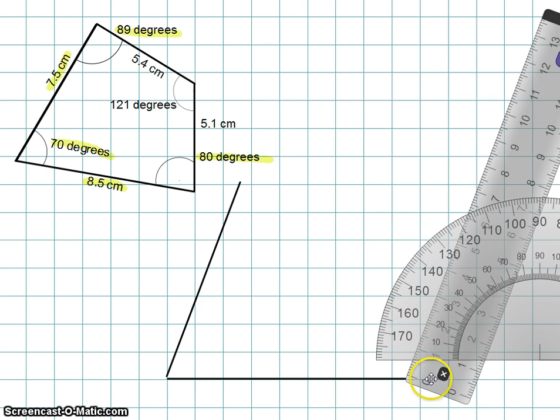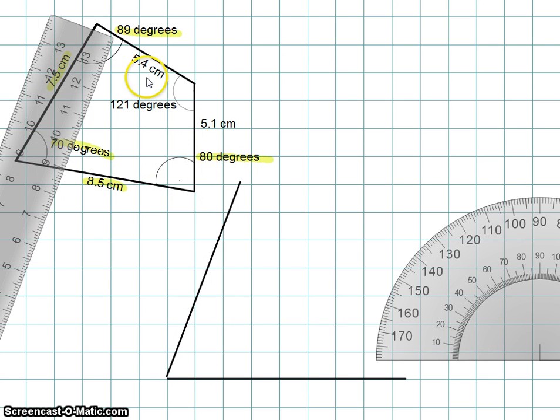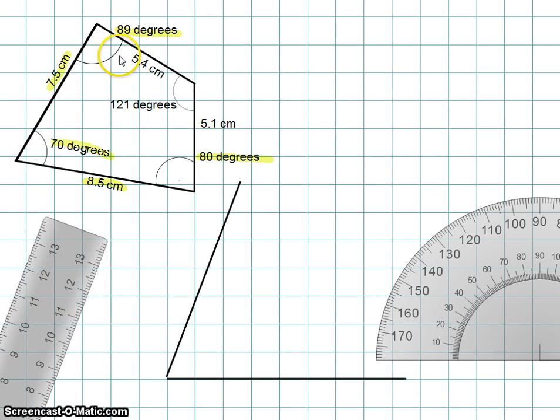Next, instead of focusing on the side length of the remaining two sides, I'm going to focus on this angle there and also that angle there. And why don't we start with, well, last time we started with this side, so why don't we focus on that angle there. So I might move my ruler there. Okay, so I'm going to focus on that angle there, which is 89 degrees.